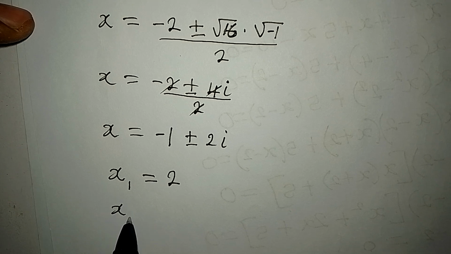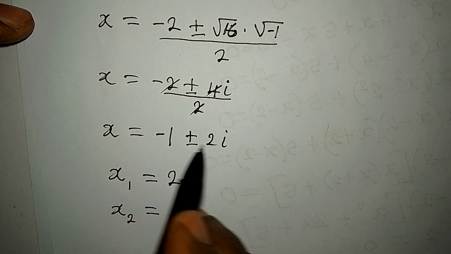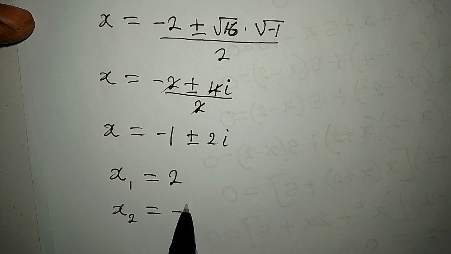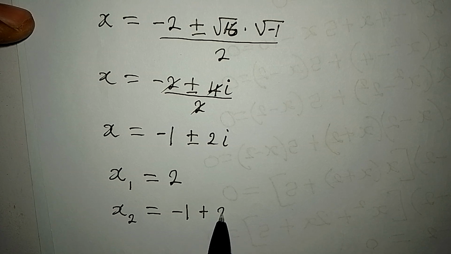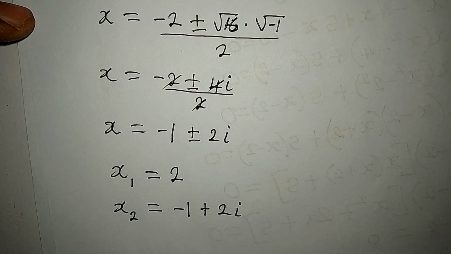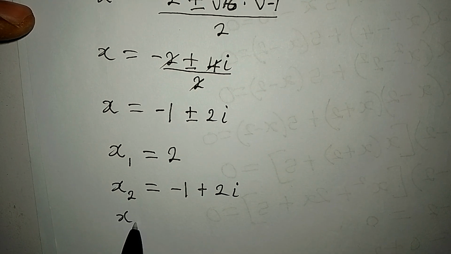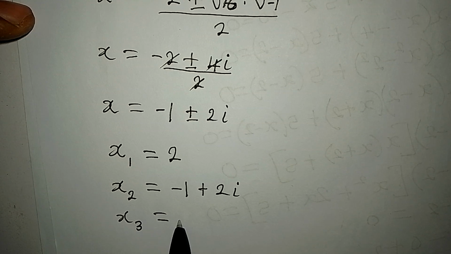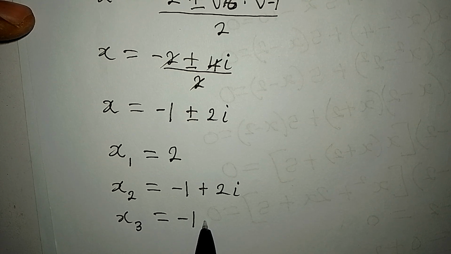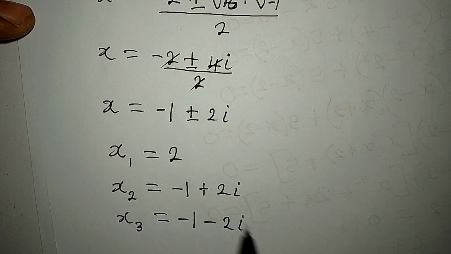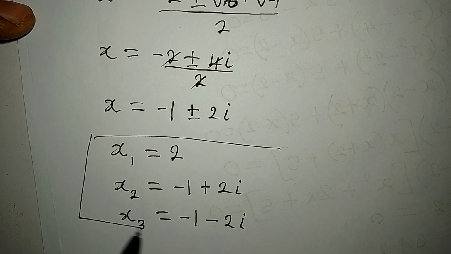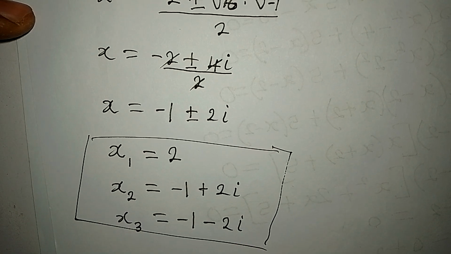Then the second, x2, is from here, and we'll pick minus 1 plus 2i. Then the third solution, x3, will be minus 1 minus 2i. So these are the 3 solutions to the equation.